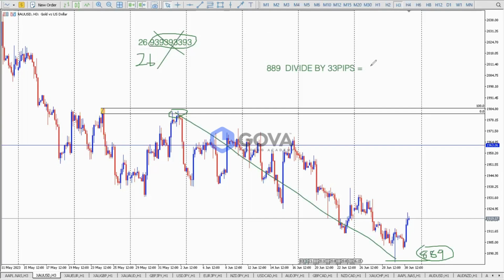So it means that this trade is giving us a risk-reward ratio of 1:26. So remember, the risk here is 33. From this distance to this distance is 33.